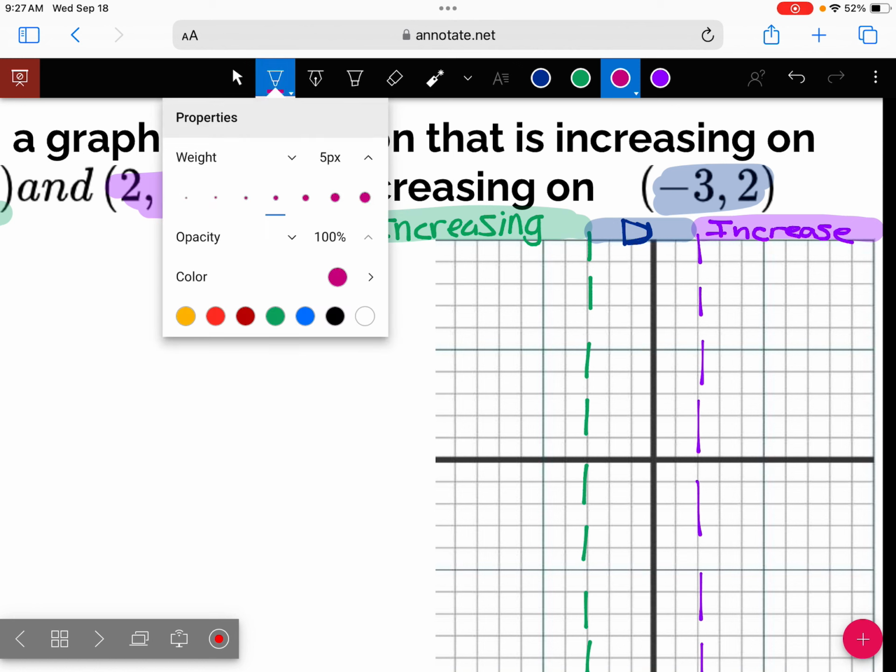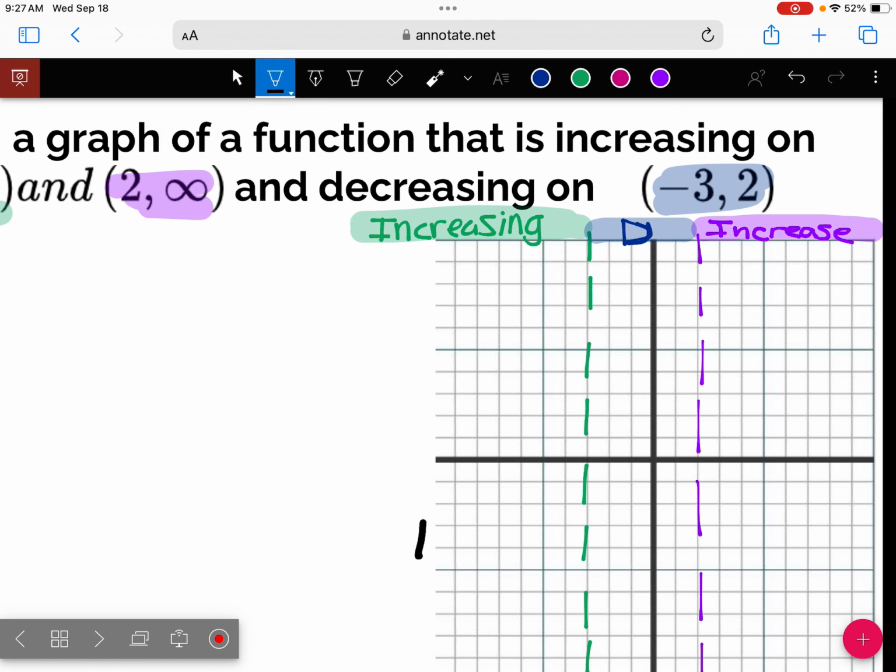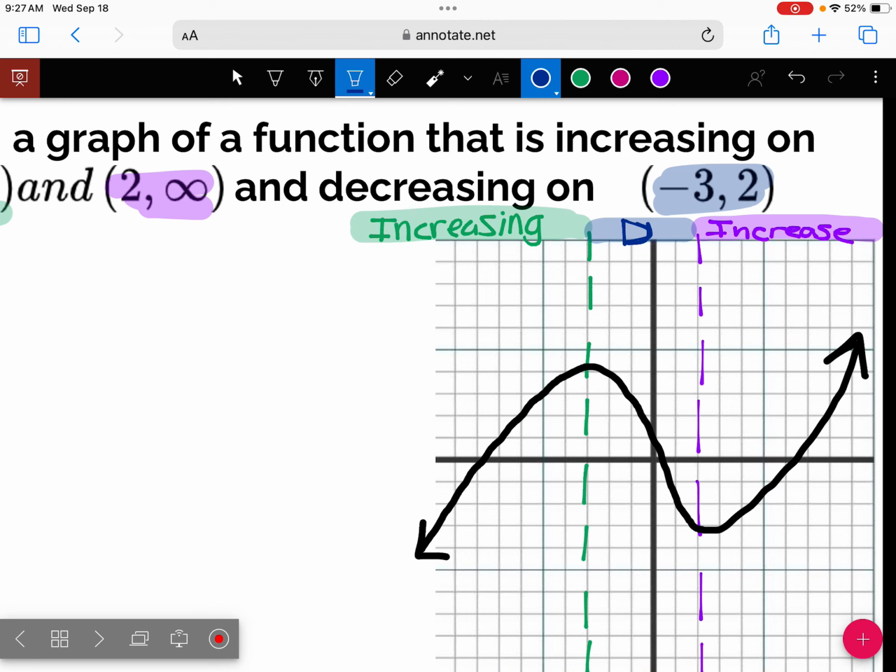So probably the simplest thing to do is, all right, we're going to start. I know it's going to have an arrow over here because it says all the way to negative infinity. And we are increasing. When I hit that wall, I'm going to turn, and I'm going to bring it down. And then I'm going to hit the wall, and I'm going to turn, and we're going to increase. So it is increasing from negative infinity to negative 3, and it is increasing from 2 to infinity, and it's decreasing in the middle.